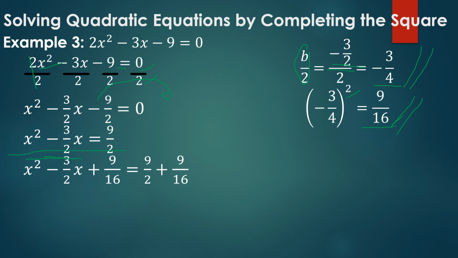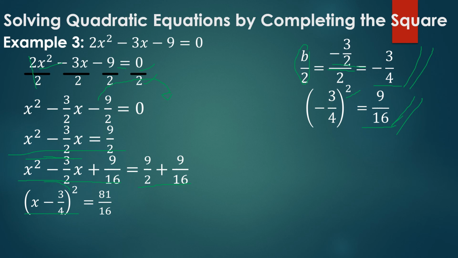So that is x squared minus 3 over 2x plus 9 over 16 is equal to 9 over 2 plus 9 over 16. By simplifying this one, 9 over 2 plus 9 over 16 will give us 81 over 16. And this one is already written in standard form, in square of a binomial.